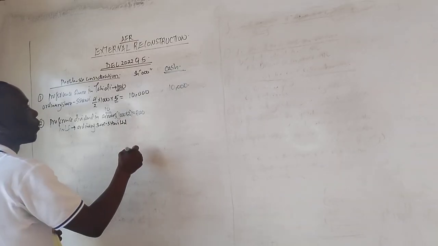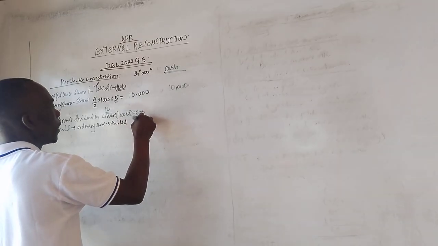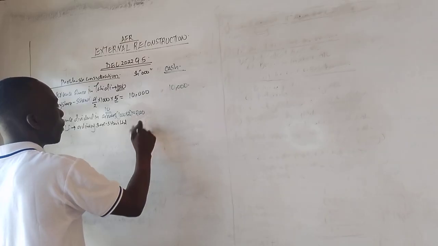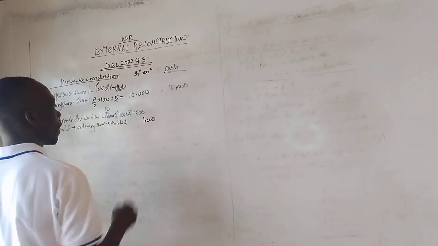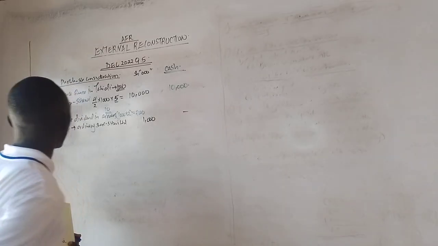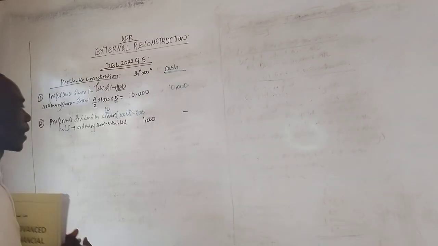So a half of 2,000, the company gave them 1,000. There is no cash that was added in that case.